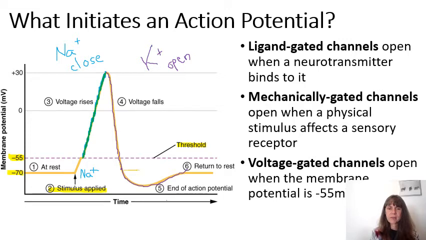Here we are at resting membrane potential, and now we've gone past that. Basically, in order for the membrane to reestablish itself to negative 70 millivolts, the sodium-potassium pump will take over that job.